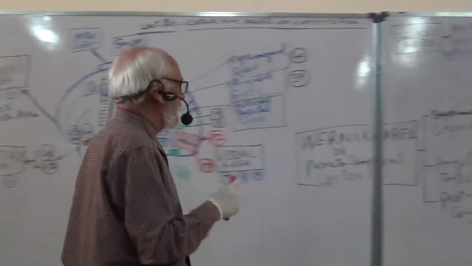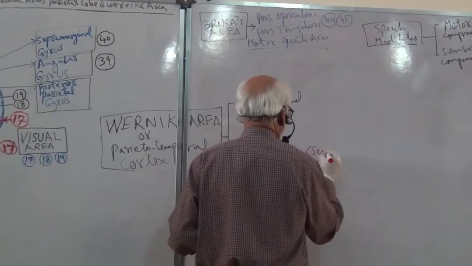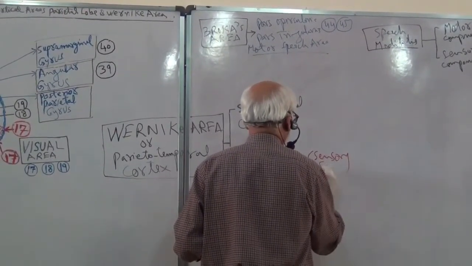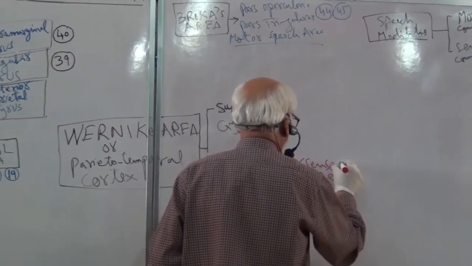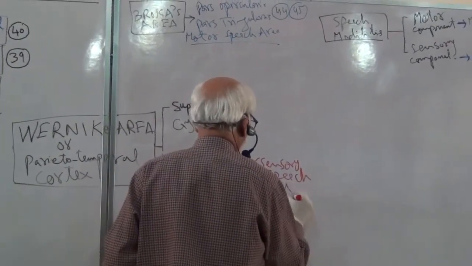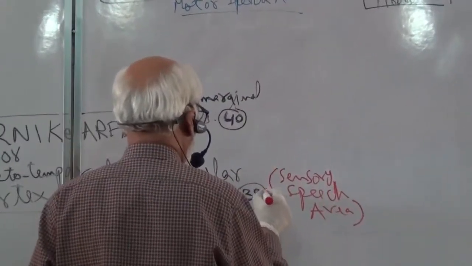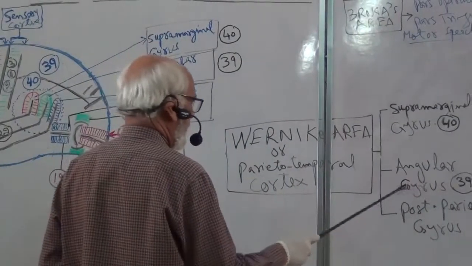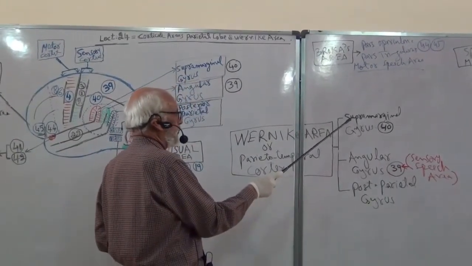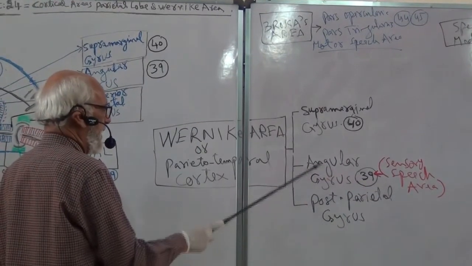Now I told you it is mainly this angular gyrus. It is the sensory speech area. In many books, they say mainly it is this angular gyrus, although Wernicke's area includes area number 40 supramarginal gyrus and posterior parietal gyrus, apart from the angular gyrus.